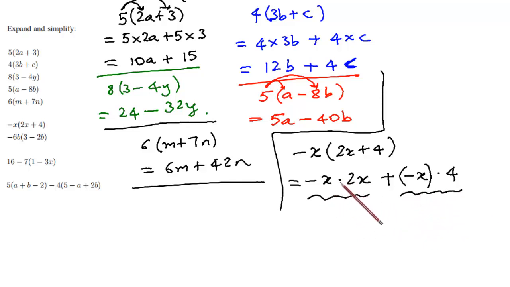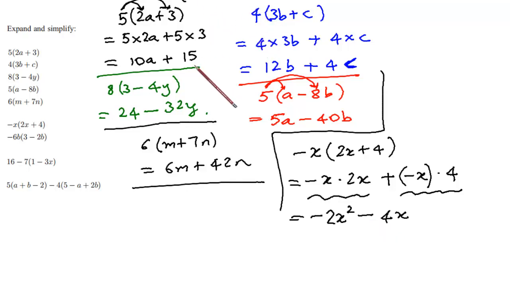The terms multiply with each other, and they become the same term, and then we have a plus sign in between. So what is x multiplied by x? It is x squared, and this is a negative 2. We have a negative 2x squared. And what about here? 4 into x is 4x, and plus and minus is minus. So we have negative 2x squared minus 4x.